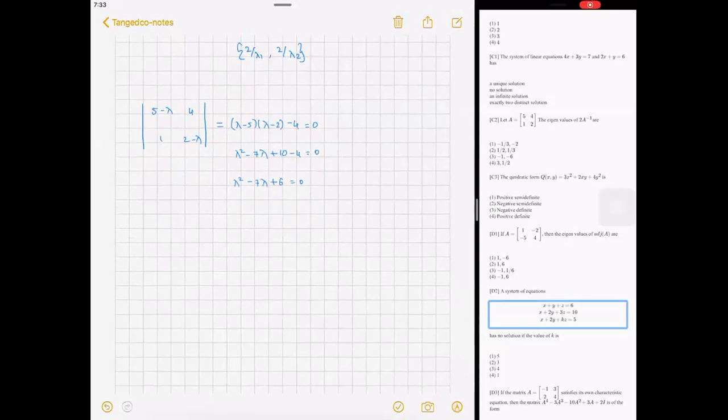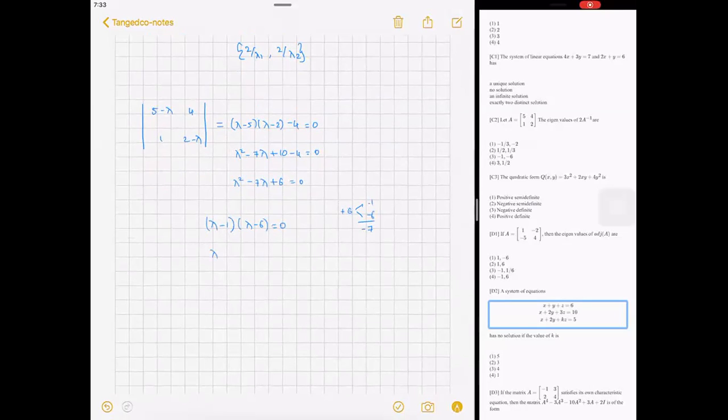So we need two numbers that add to minus 7 and multiply to 6, 1 into 6, so minus, minus, yeah. So lambda minus 1 and lambda minus 6 is equal to 0.